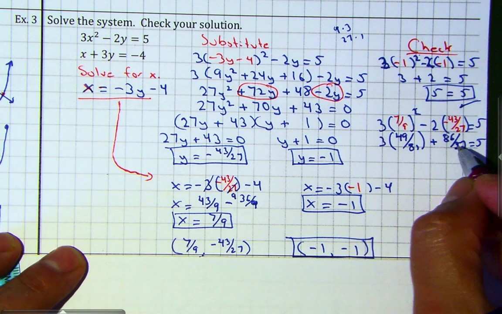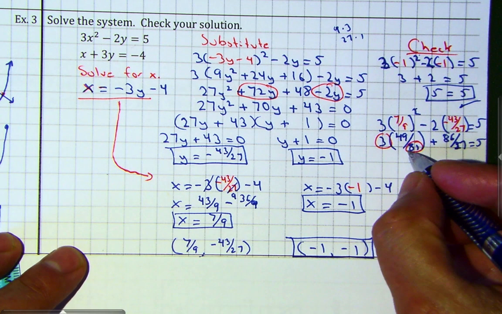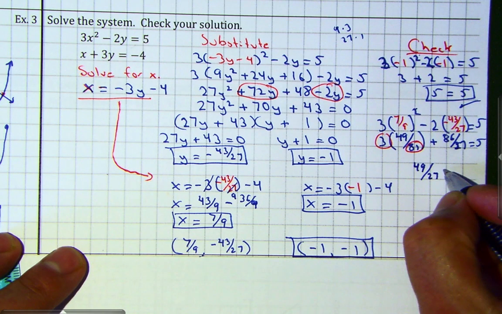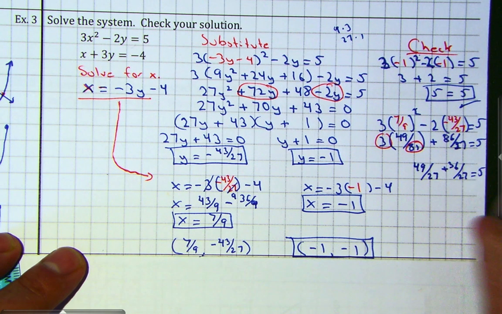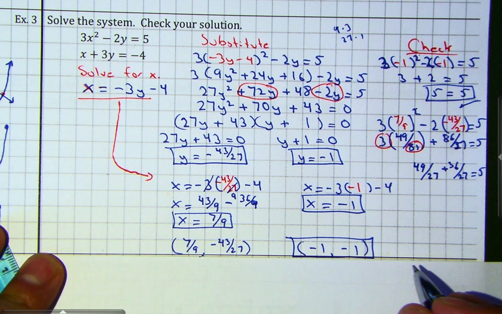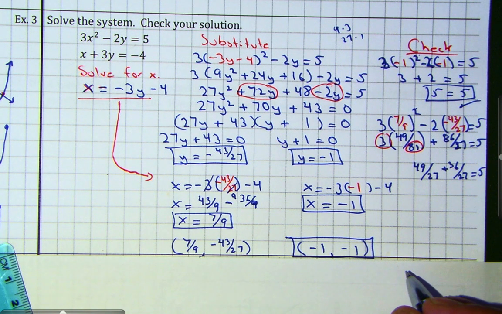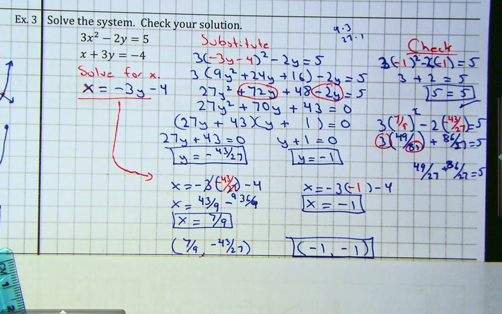I'm going to reduce my 3 and my 81, divisible by 3, so therefore that's 27. So it gives you 49 over 27 plus 36 over 27. Is that equal to 5? That is the question. So something's wrong. Why did I mess up something? 86. So this is an 86. There you go. Now it seems like it might be okay.